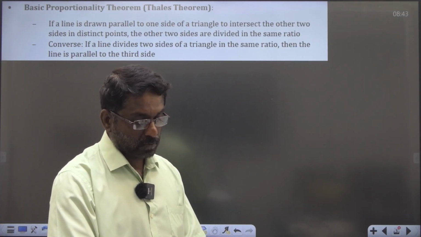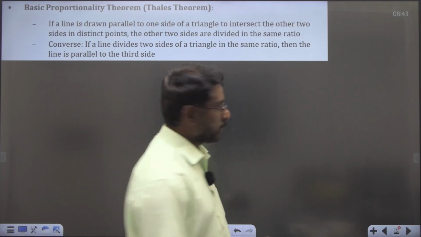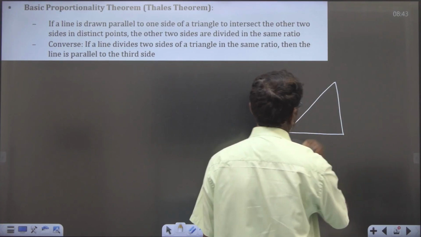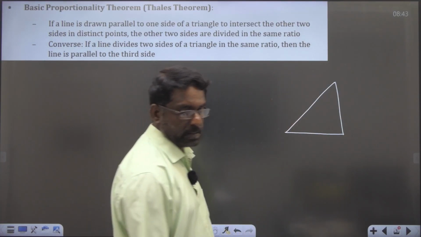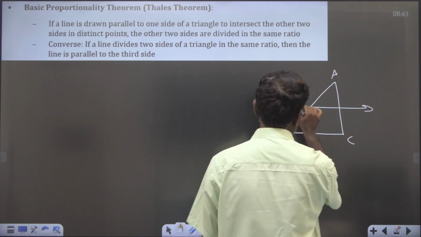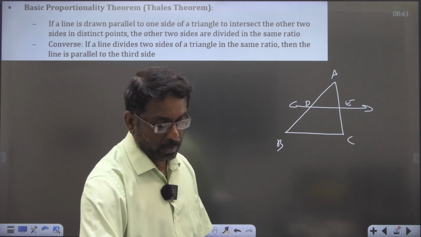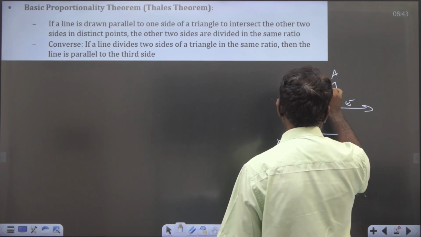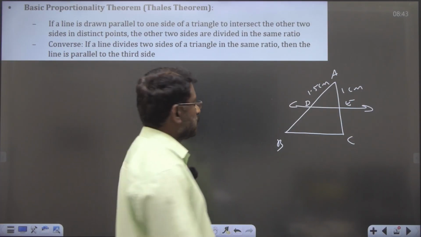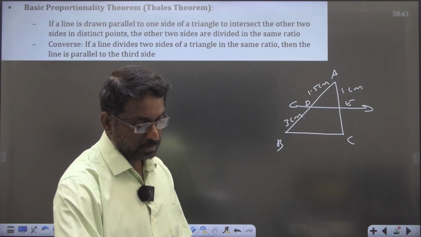I can give you another question. In the figure, triangle ABC, this is D, with lengths 1.5 centimeter, 1 centimeter, 3 centimeter and 3 centimeter.